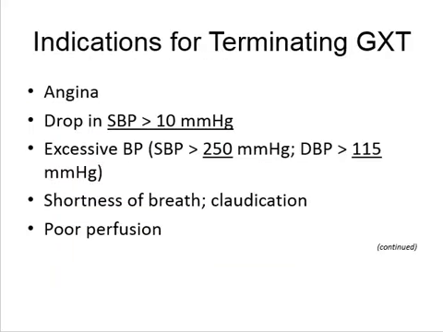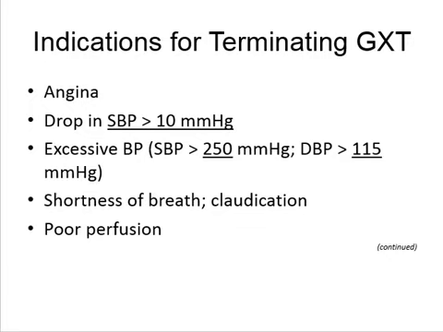As I mentioned, there are a number of specific reasons for stopping a test. Angina or chest pain: certainly if our client is saying that they're starting to feel things happening in their chest, we probably want to stop the test. As you're measuring blood pressure at each stage, you want to not only look at their overall blood pressure, but how it changes from stage to stage. Systolic blood pressure should increase as the intensity gets harder.